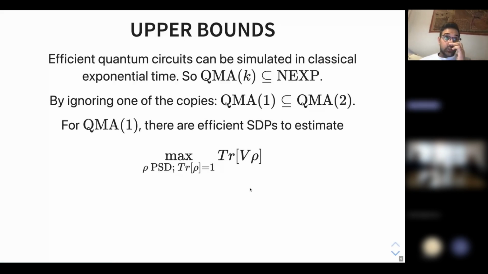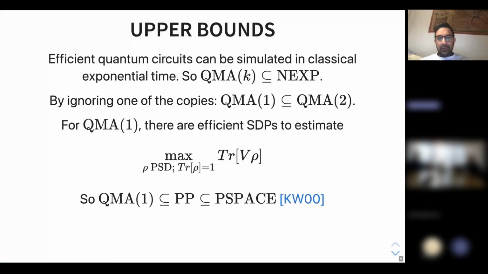You can estimate this much faster than exponential time. You can do this in PSPACE, and you can do this in PP. This is some semi-definite program. And so QMA itself is not that powerful compared to NEXP.